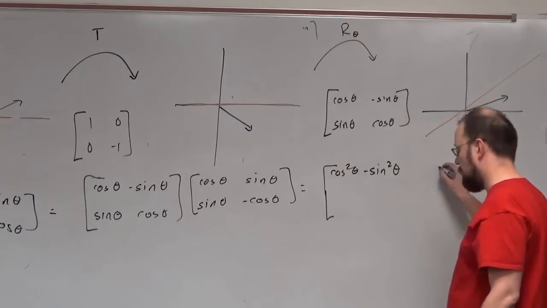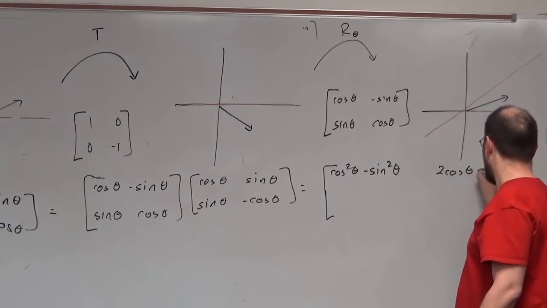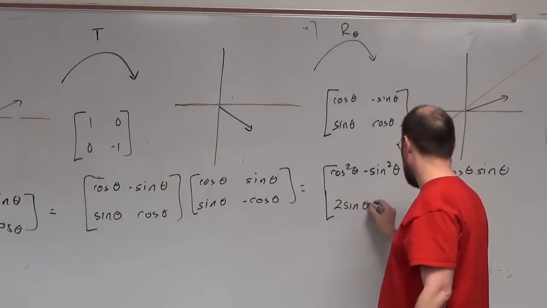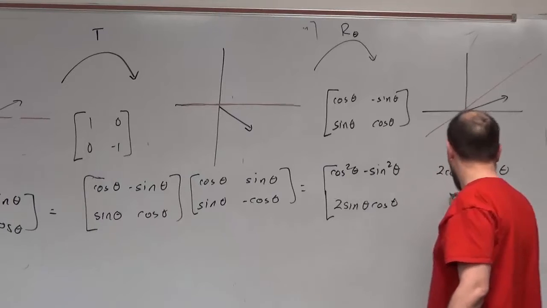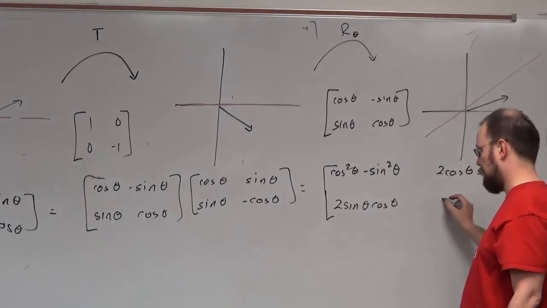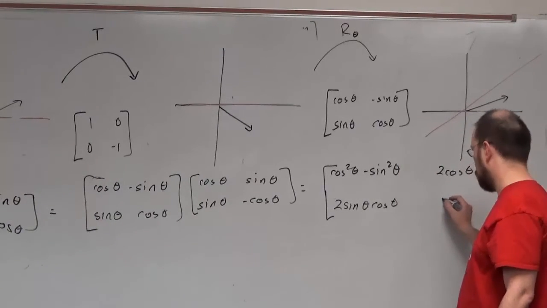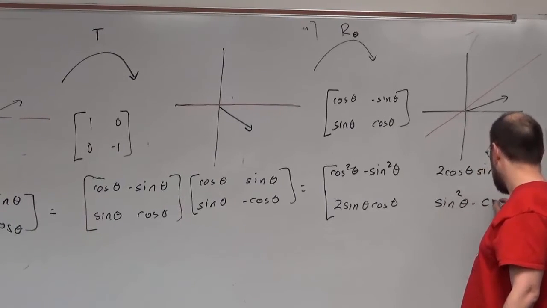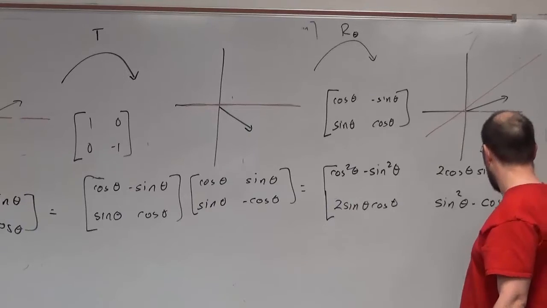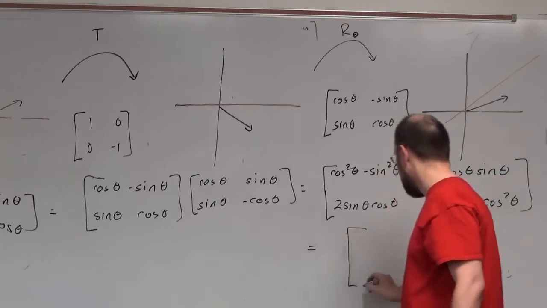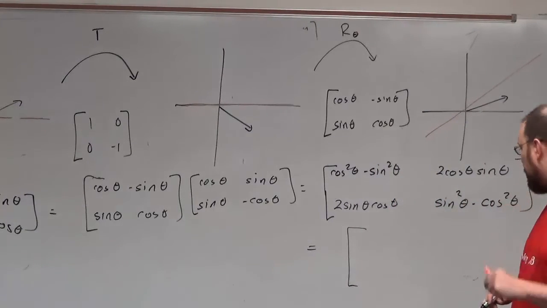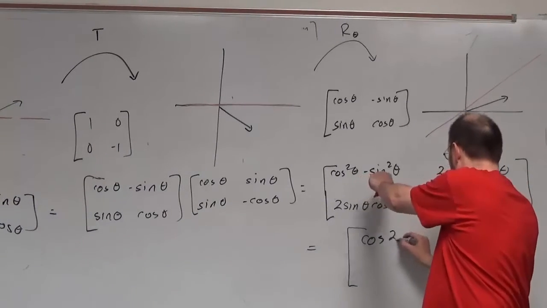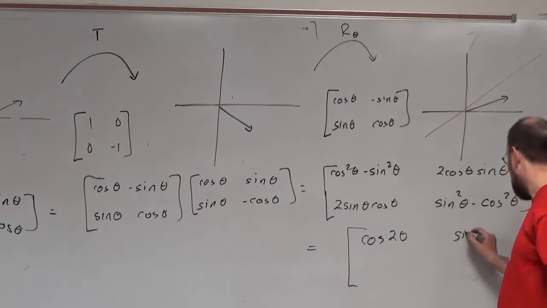This is the result we get after you multiply, and then we see that using a couple of trig identities we get exactly the matrix we came up with previously when defining the line by the angle theta. It's cosine 2 theta, sine 2 theta.